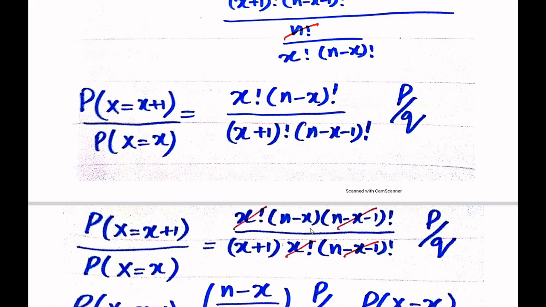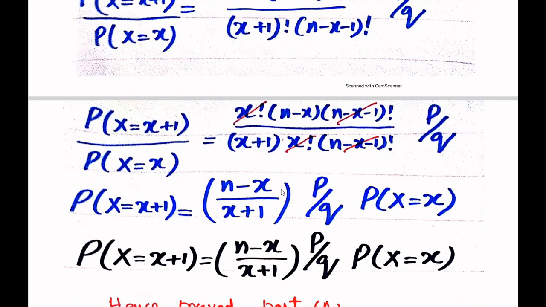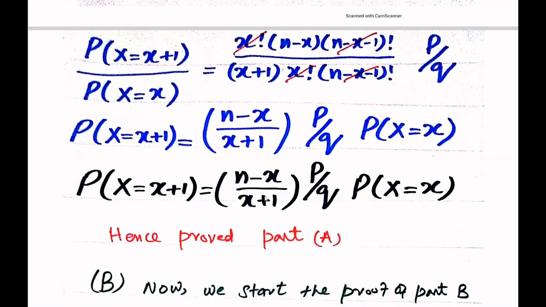According to this, we decrease by one number: (n minus x) factorial we write as (n minus x) times (n minus x minus 1) factorial, over (x plus 1) times x factorial (n minus x minus 1) factorial. Cancel this with this and this with this. We are left with n minus x over x plus 1 times p over q times probability of capital X is equal to small x. Hence we proved part 1.